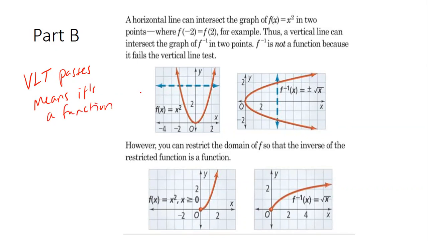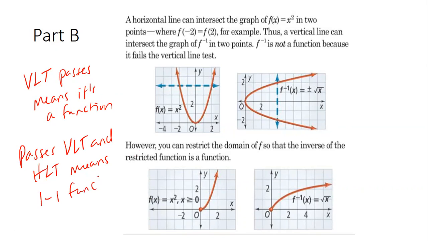If it passes VLT and the horizontal line test, that means it's a one-to-one function. Okay, do those ring bells?